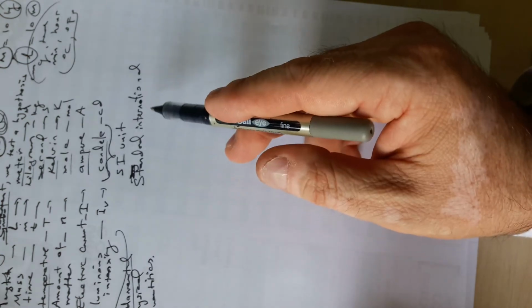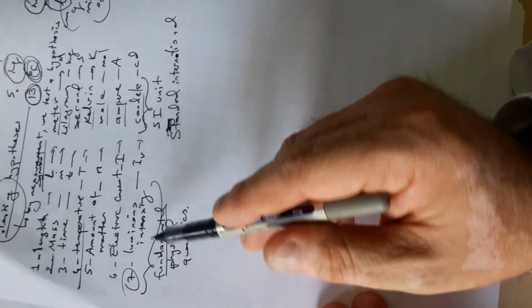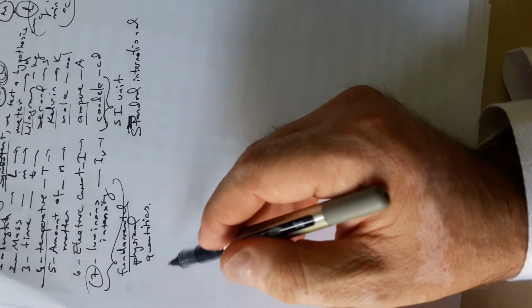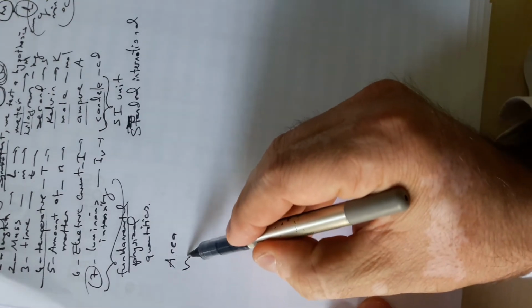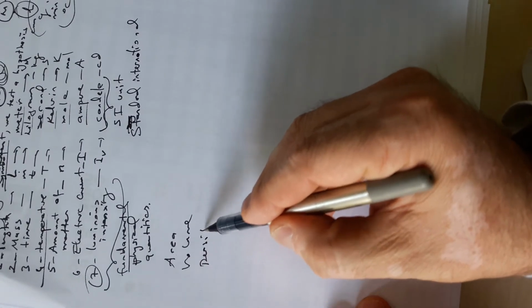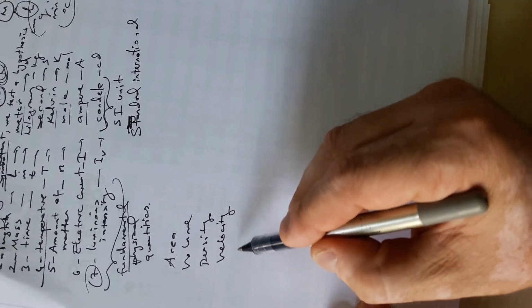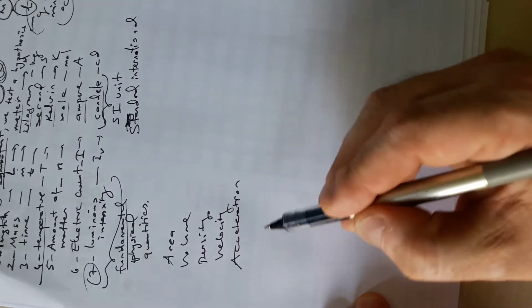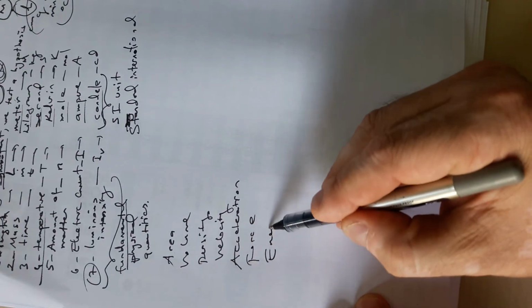Besides these 7 fundamental quantities, physics also has other quantities. Like area, which is a physical quantity. Like volume, density, velocity, acceleration, force, and energy.